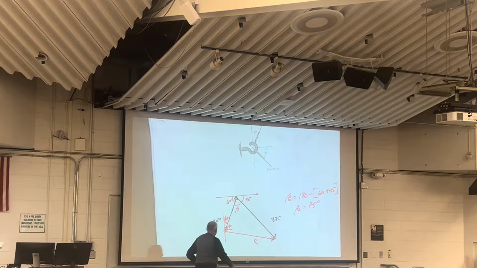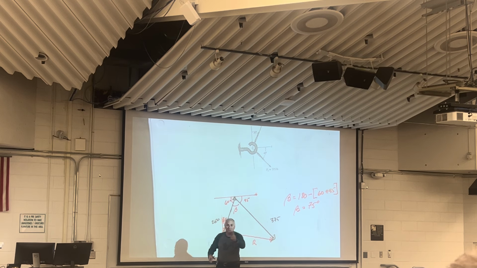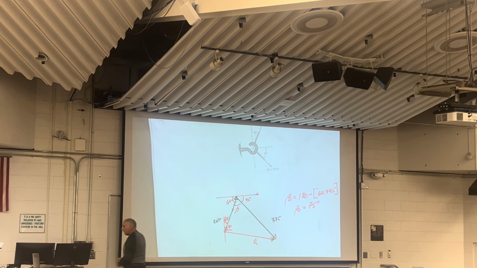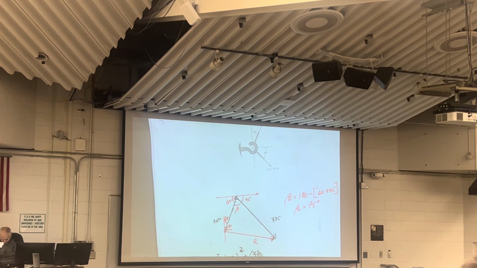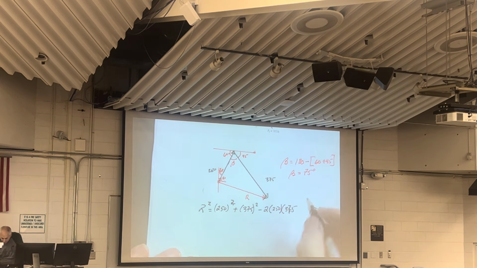Now what I have is two sides, 250, 375, and the angle in between the two sides. What's that lead me to? Law of cosines. So now I can say r squared is equal to 250 squared plus 375 squared minus 2 times 250 times 375, and then the cosine of the angle in between.